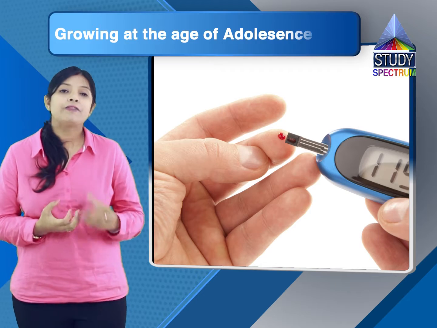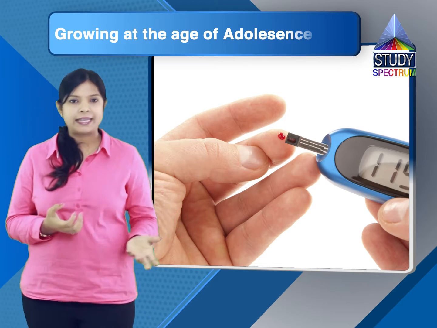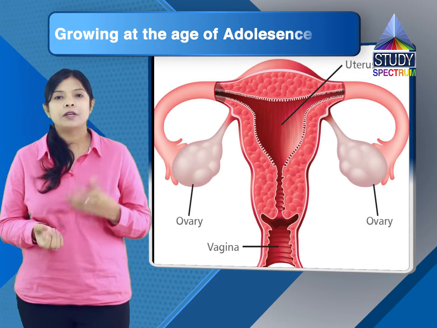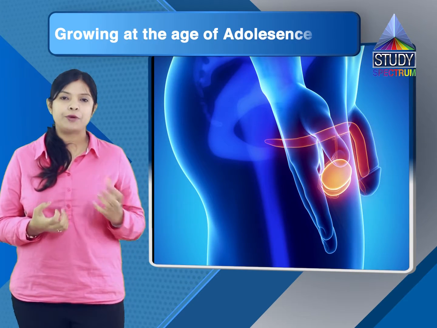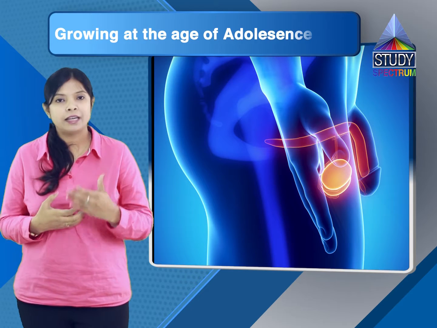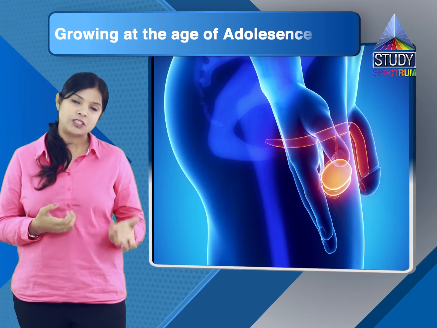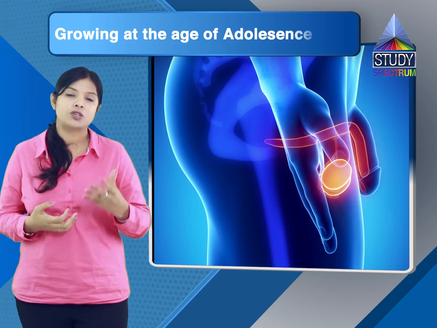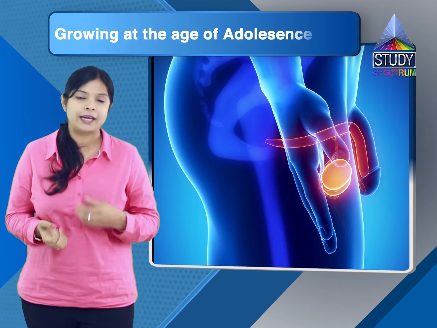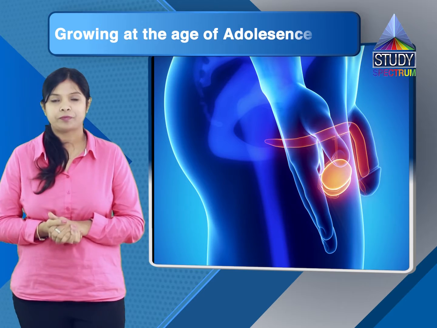Now if we talk about the sex hormones, like testes and ovaries, what is the location of the testes? In the male reproductive organs, and it releases the hormone called testosterone, which is responsible for the development of secondary sexual characteristics in males.